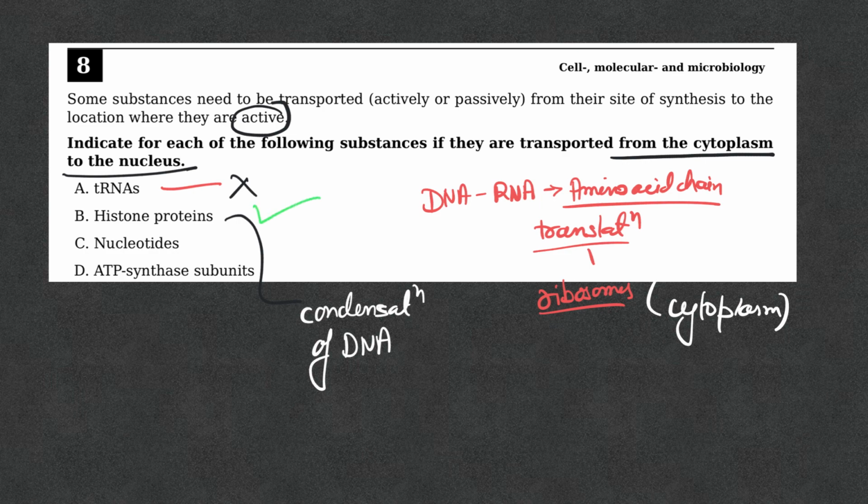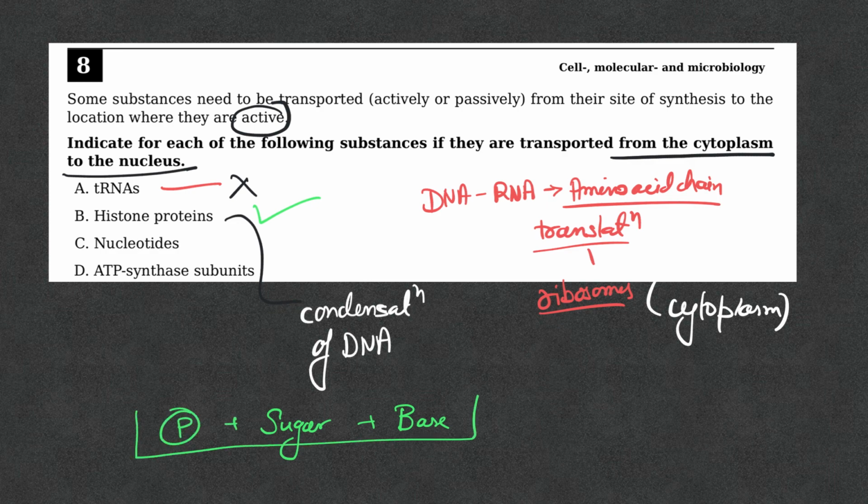Okay. Now nucleotides. What are nucleotides? Nucleotides are monomers. They are building blocks of DNA. What is a nucleotide? It's made up of a nitrogenous base, which could be A, T, G, or C. There goes your sugar, in case of DNA it's deoxyribose, and there goes your phosphate. So this combination together is a nucleotide.